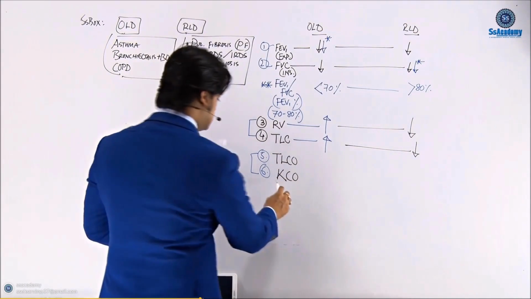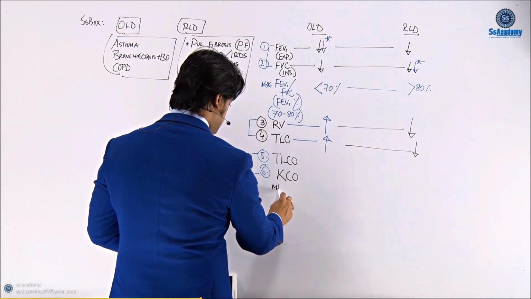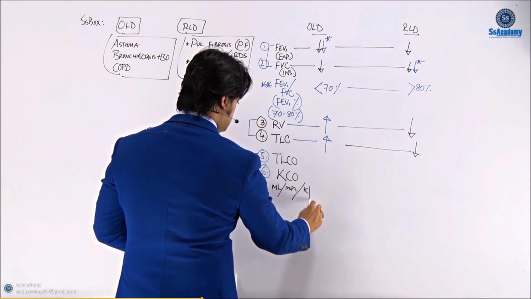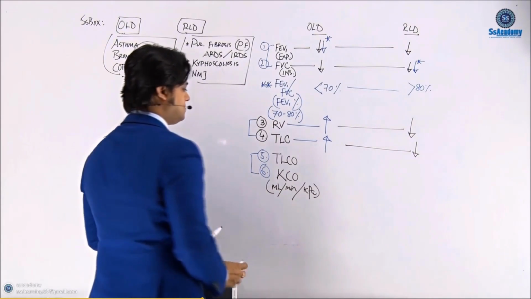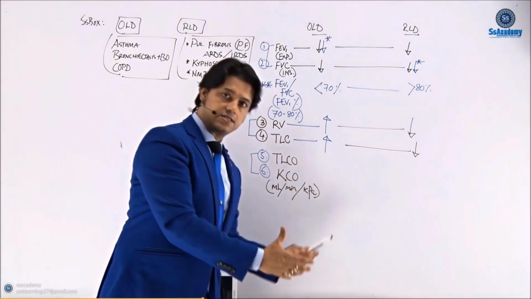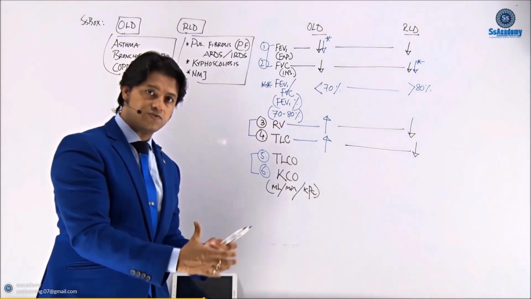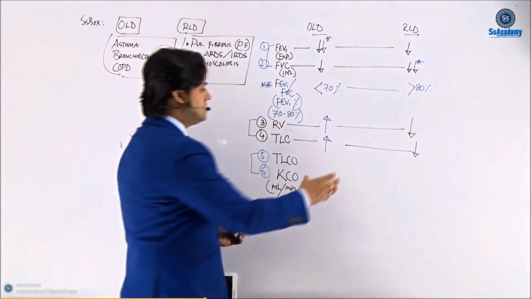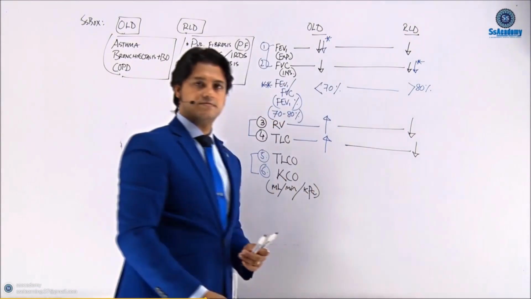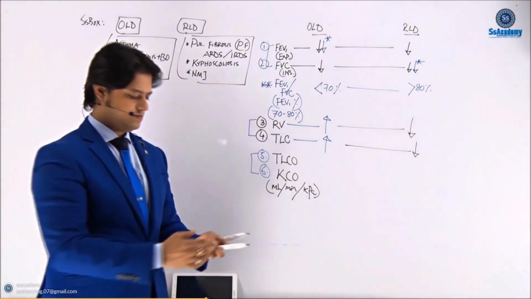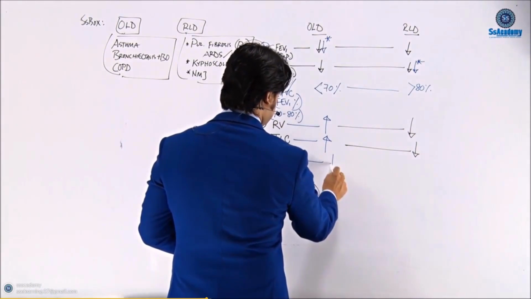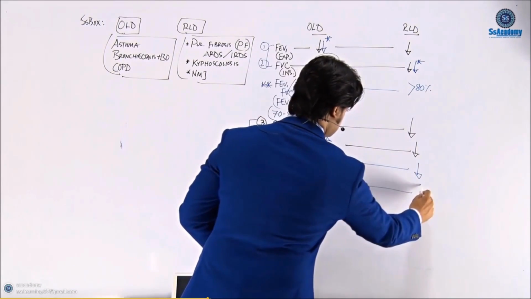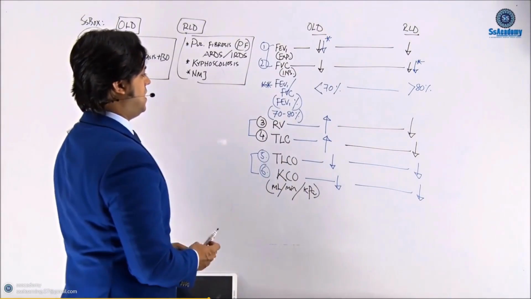Within the bracket, just write it down so that we can understand better: milliliter per minute per kilopascal, the unit. So total lung gas exchange and gas transfer coefficient, whatever the disease, obstruction and restriction, both will be reduced. That is expected.